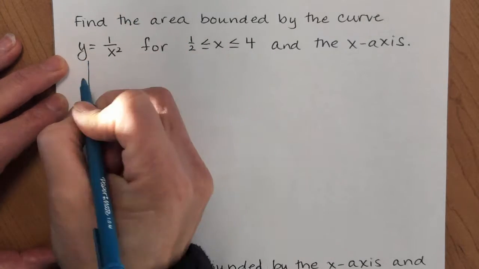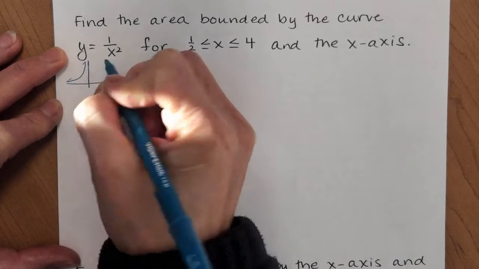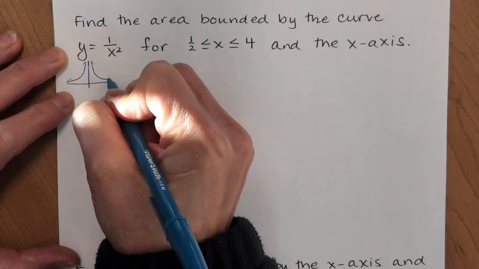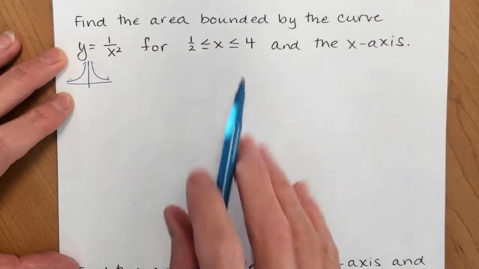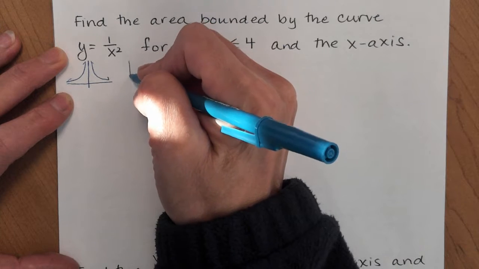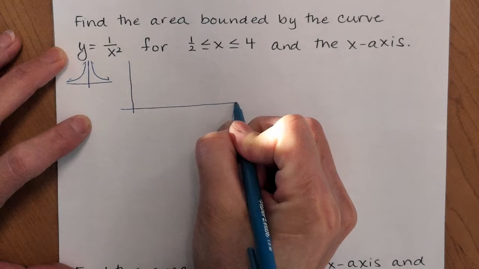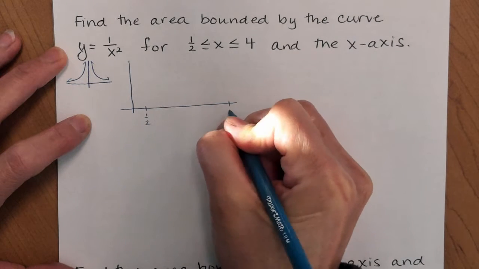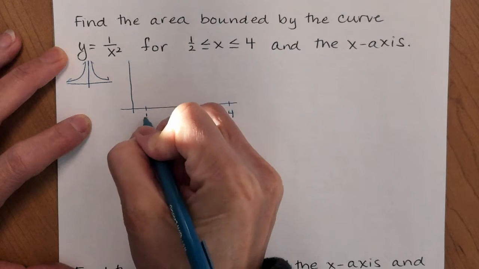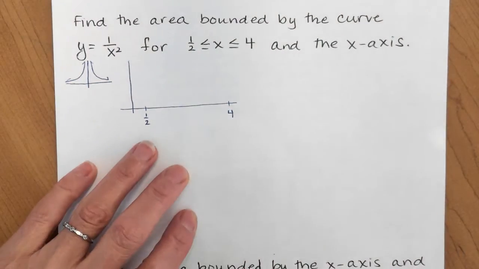y equals 1 over x squared is inverse square variation. The graph has this general shape, but I'm just going to focus on this region. The region that I am concerned with goes from x is 1/2 to x is 4, and let's get some y values here.